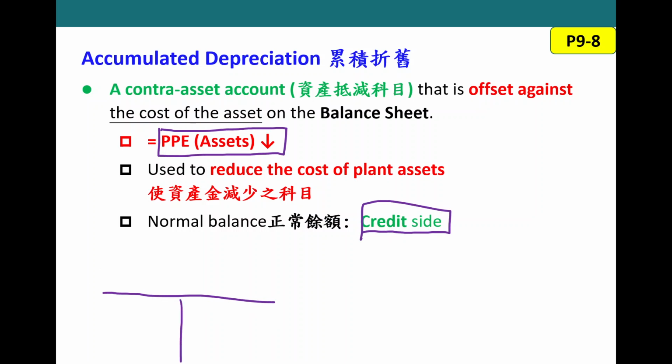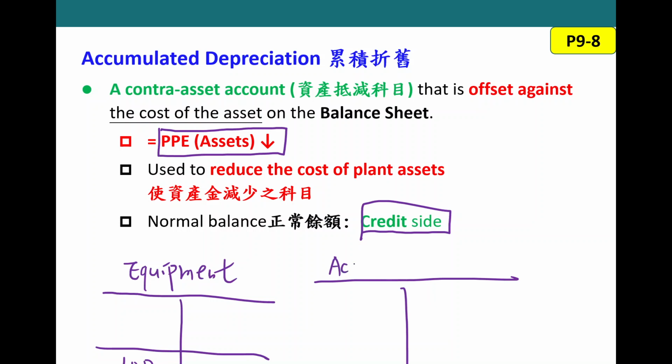So when we have equipment, for example, normal balance should be on debit side, right? At the end of this year, I have equipment $100. That $100 is your cost. Cost means how much money you spend to buy your equipment. Later on, this whole year, you find out your PPE's value decrease. Why is that? Because of accumulated depreciation 累积折旧.